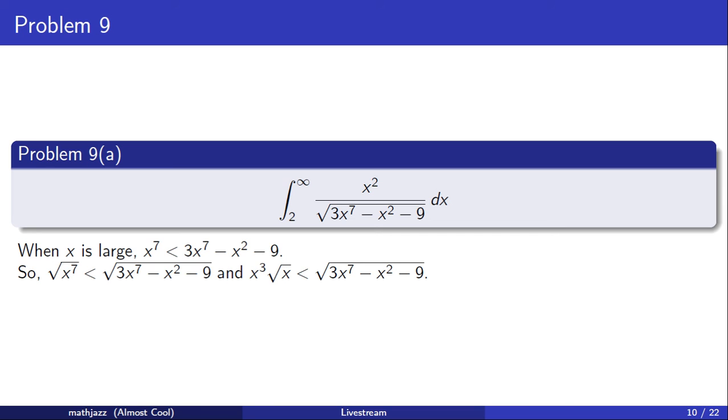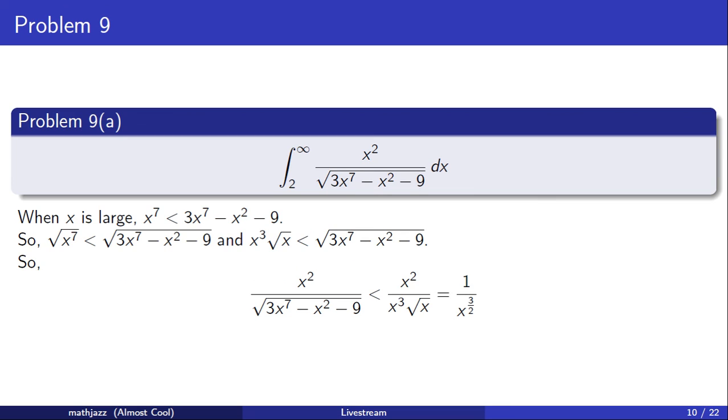And this is the important part, because then if the denominator of this fraction is bigger than the denominator of this fraction, and the two numerators are equal, then this fraction is less than this fraction. And in this fraction, we can cancel out the x squared from the top and the bottom. We get 1 over x to the 3 halves.